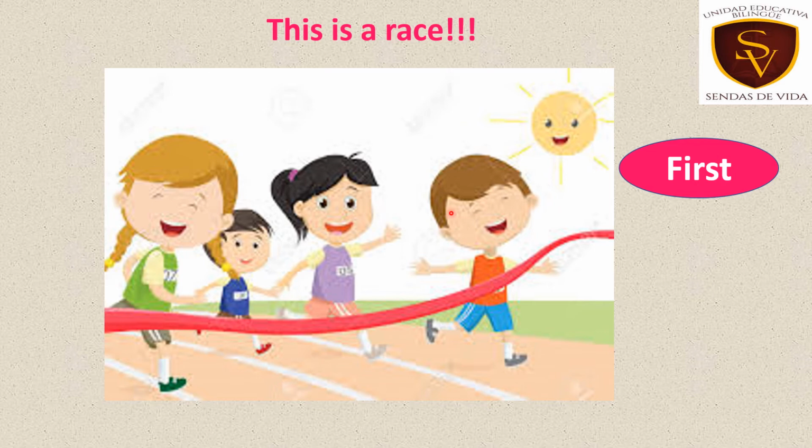Who do you think is going to be number 1? Who is going to be the first one? He, she, him, or her? I think he is going to be first, primero.